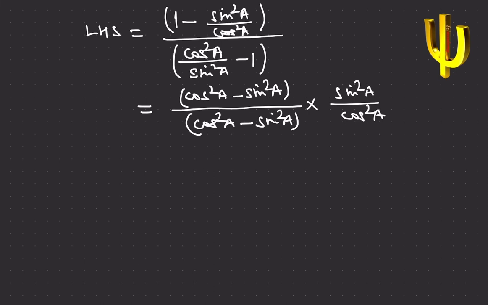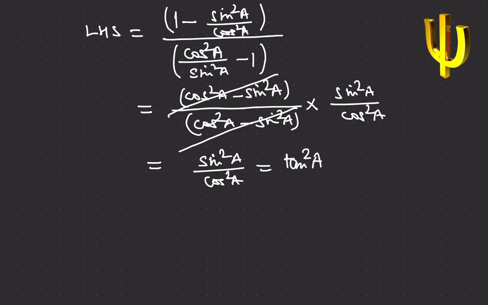So I hope you got this point. Now this will cancel out. This becomes sin square A by cos square A, that is equal to tan square A, and this is equal to RHS.